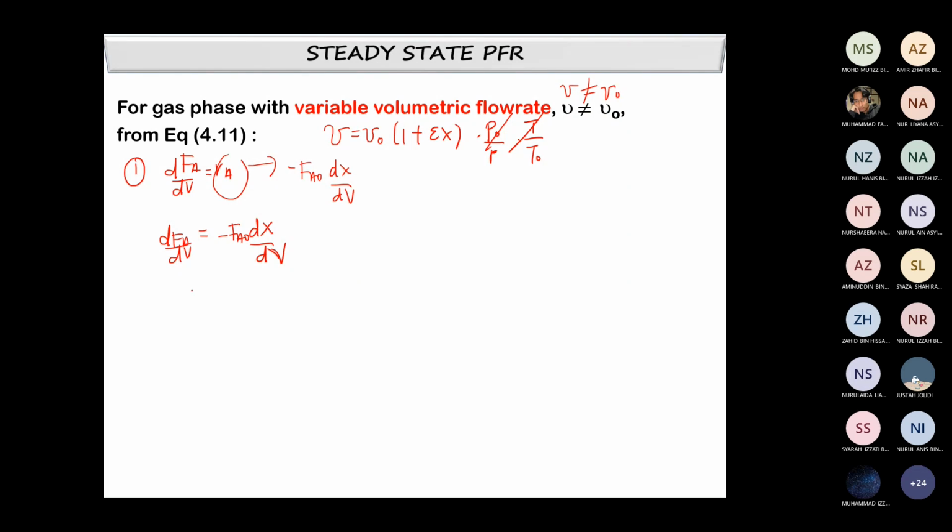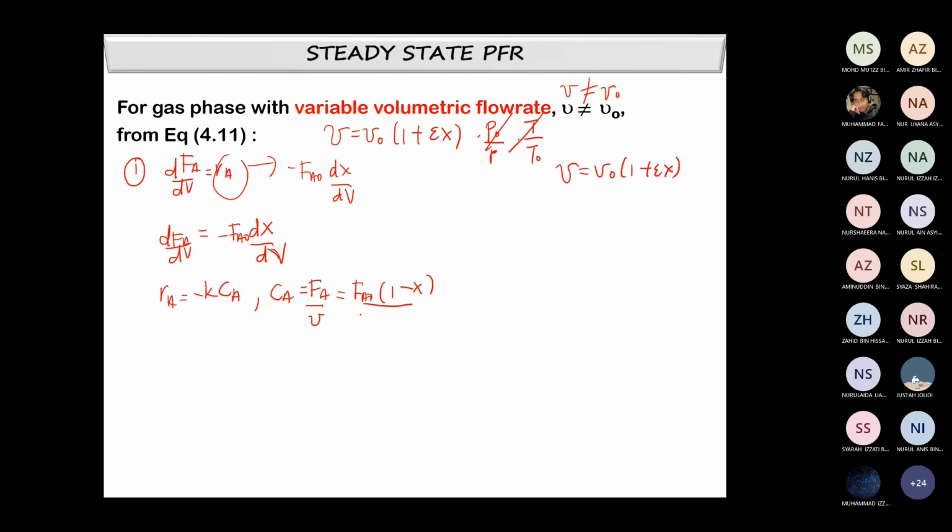Kita ambil daripada RA is equal to negative KCA. In here apa tu CA? CA is equal to FA over V, ingat this is in term of flow. Apa tu FA? Remember stoichiometry, FA0 (1 minus X). V is equal to V0 (1 plus epsilon X).